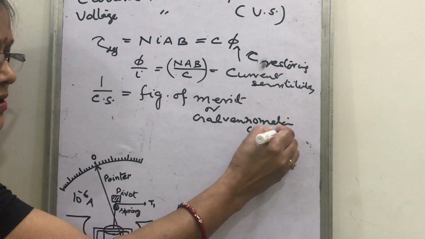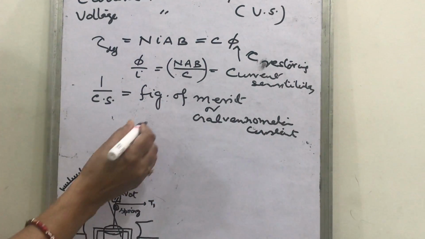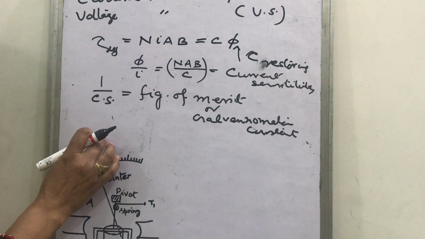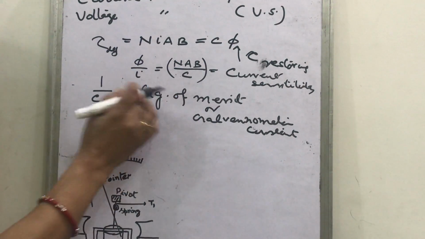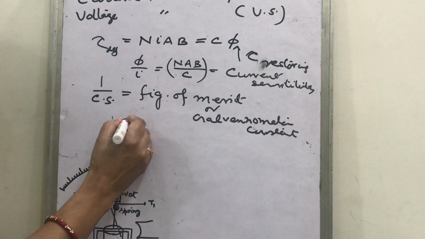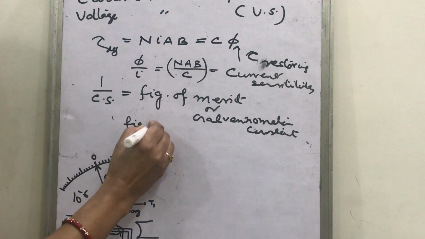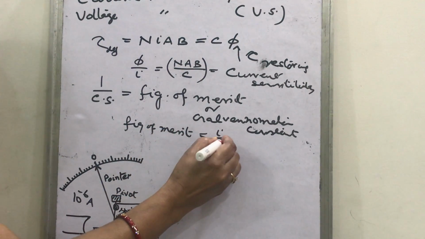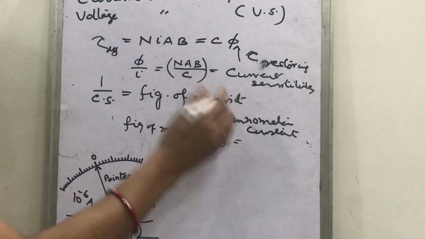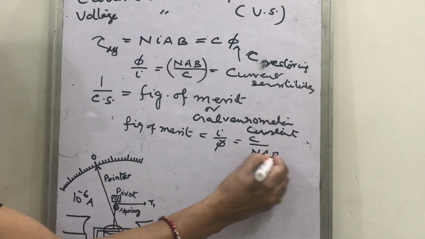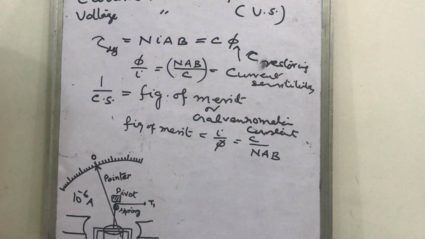It is also determined in lab experiments. So what do you mean by figure of merit? What formula will you write here? If current sensitivity is phi upon I, then for figure of merit you write simply I upon phi. Then what will be its formula? Reverse it: C upon NAB. So in this way, define figure of merit.